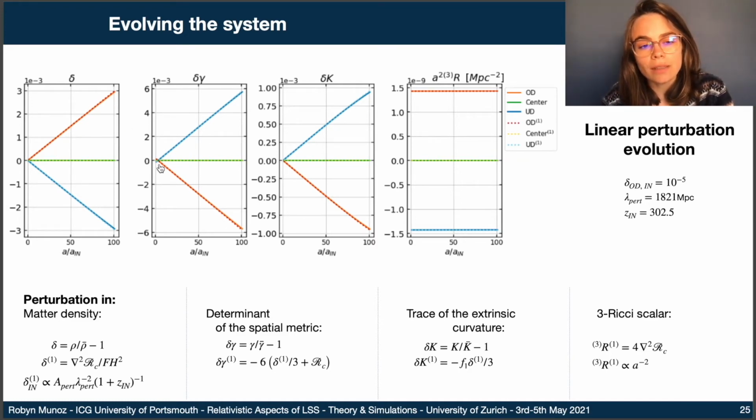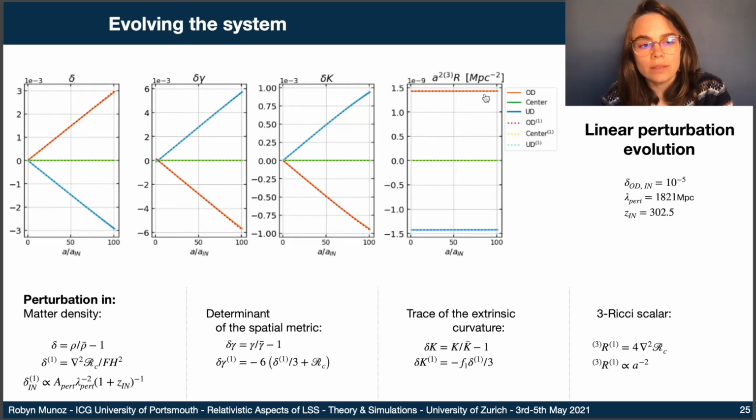The volume element will be smaller and continue to decrease in size throughout the simulation compared to the background. And the expansion of that region will be slower and slower compared to the background.